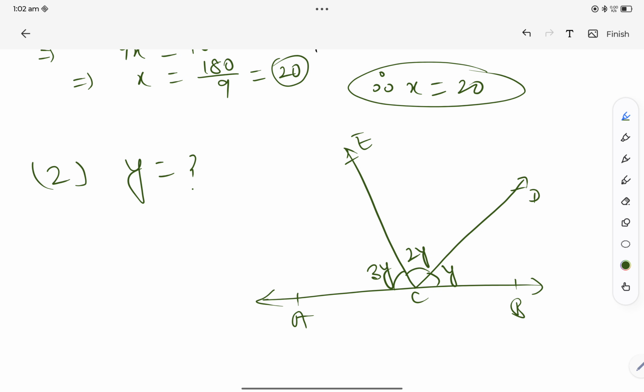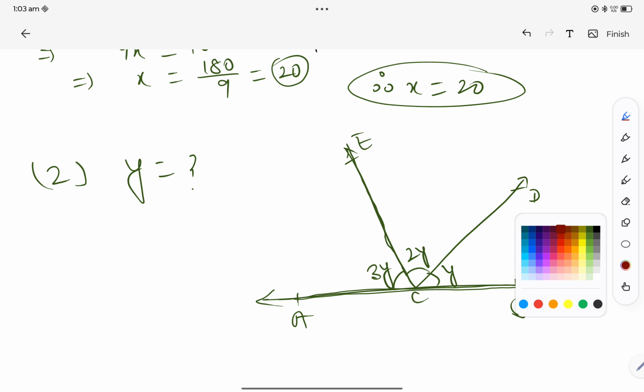How do we see a linear pair of angles over here? So let us first consider this a straight line and a ray standing on it, that is CE. So we have a straight line AB and a ray CE stands on it. So a linear pair of angles is formed. So this angle and this angle form the linear pair of angles.